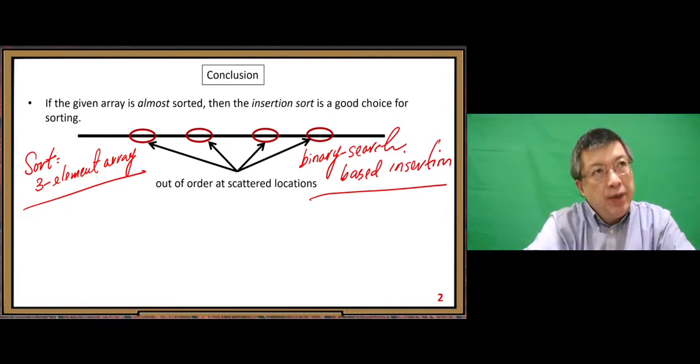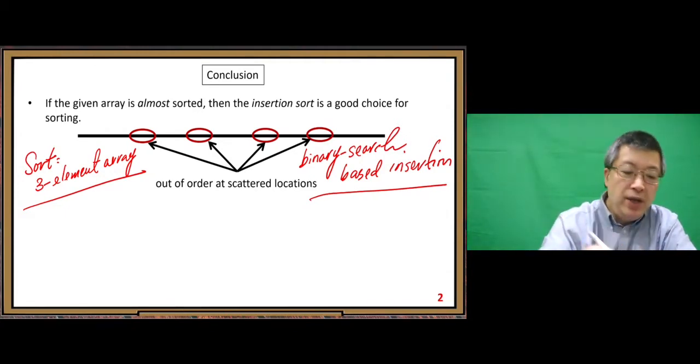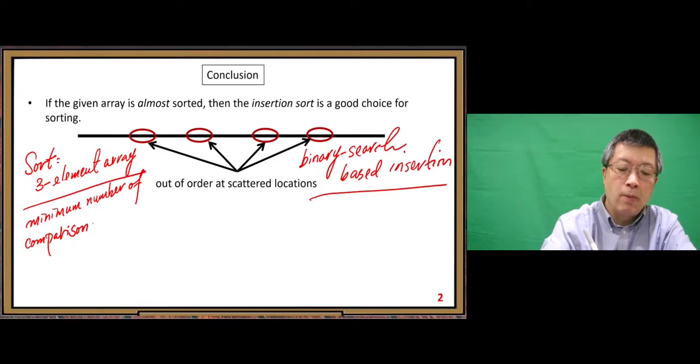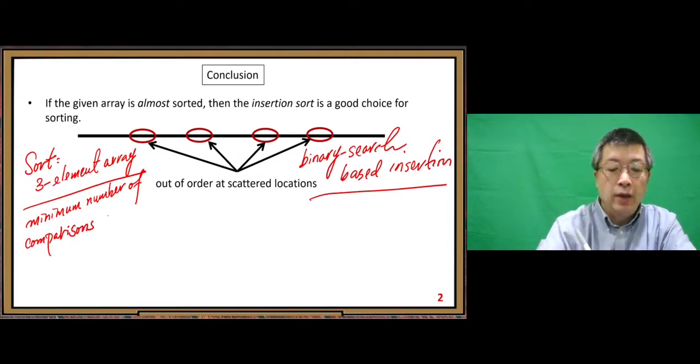What is the minimum number of comparisons we need for the worst case?